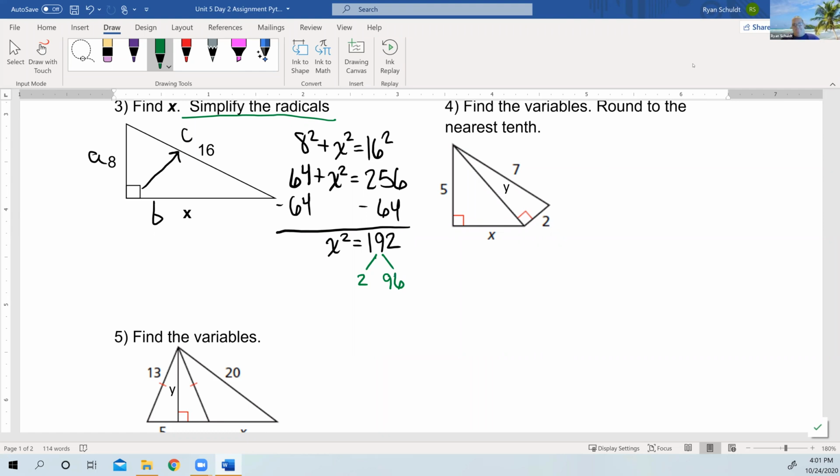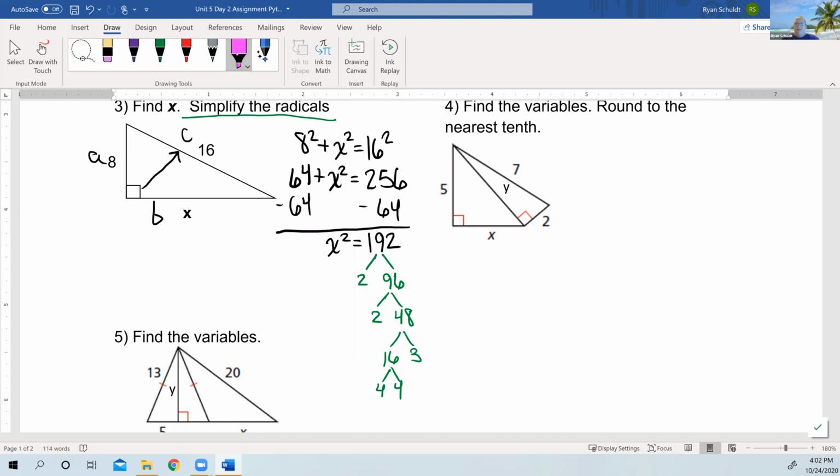Again, I still don't really know about 96. So I'm going to say 2 and 48, which is 16 and 3, or 4 and 4.